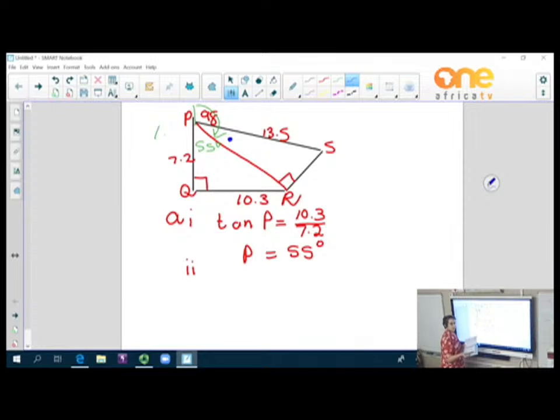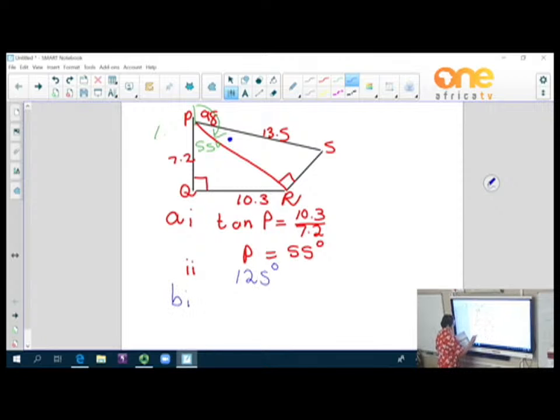So it's just 180 minus 98 minus 55. On the other hand, we can just subtract this 55 degrees also. Perhaps that's easier. And it is then 125 degrees, that bearing there.